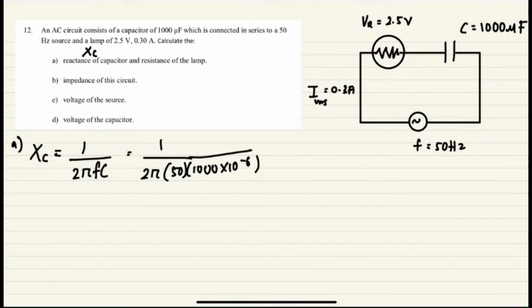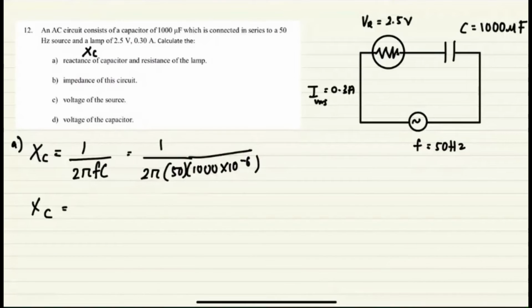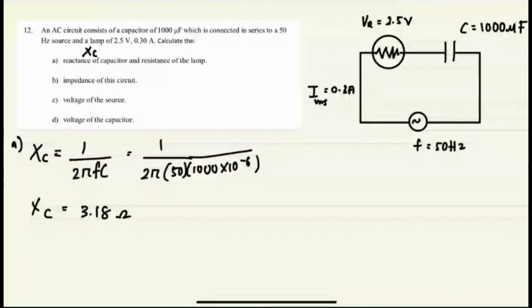During the practical test I saw some people confused between micro and pico, so make sure you get it right. Here I got 3.18. This is XC.